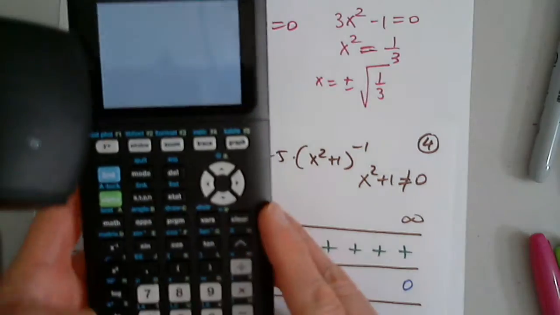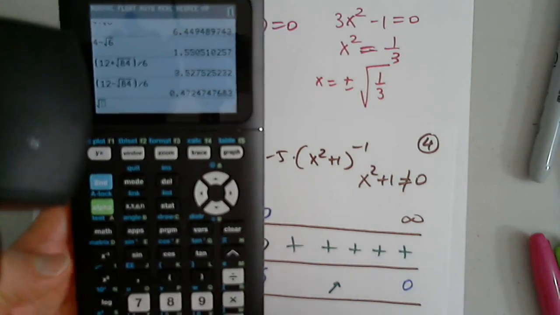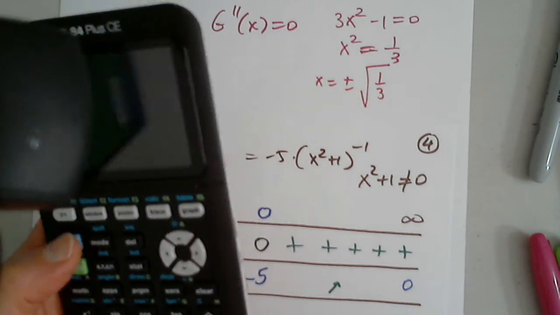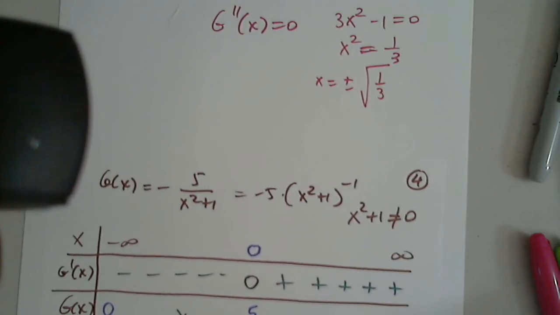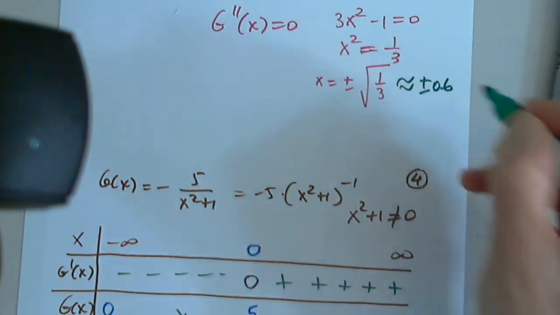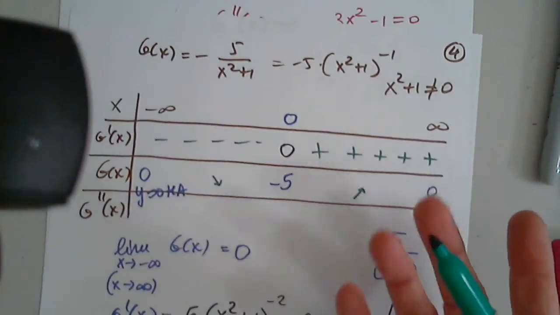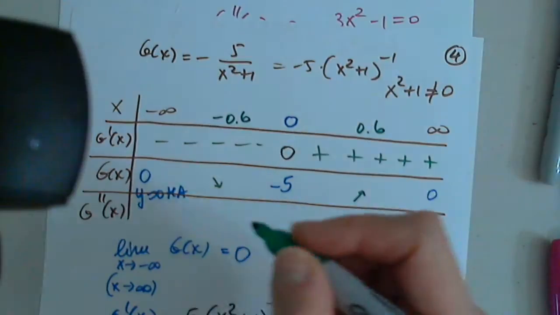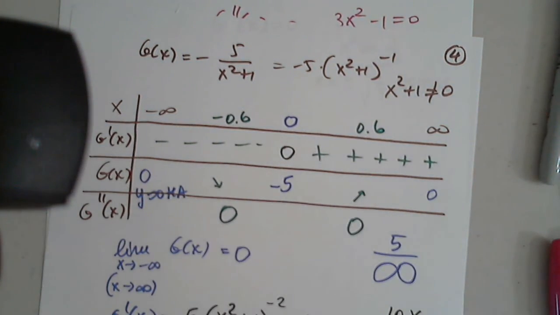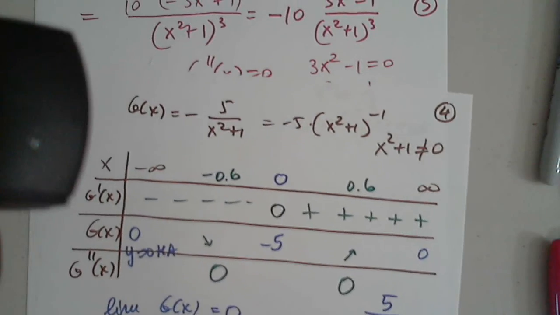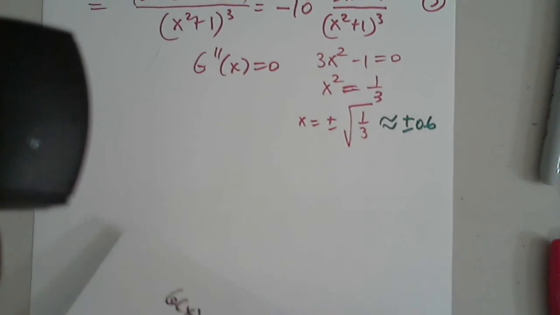The square root of 1 divided by 3 is 0.6, roughly. So this is approximately plus or minus 0.6. I have room now in my table. That's not too bad. That I like, so I can see what's happening here. But on the previous one, everything was so crowded.